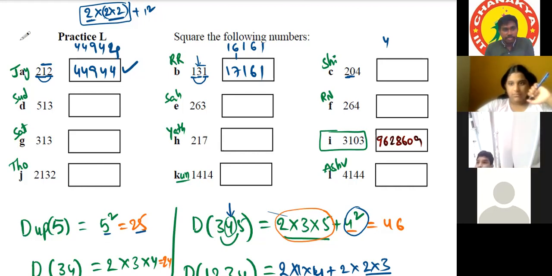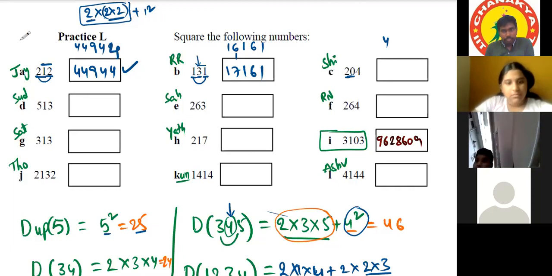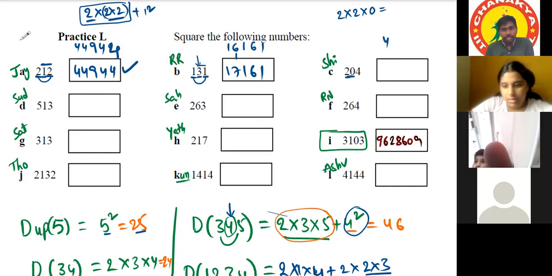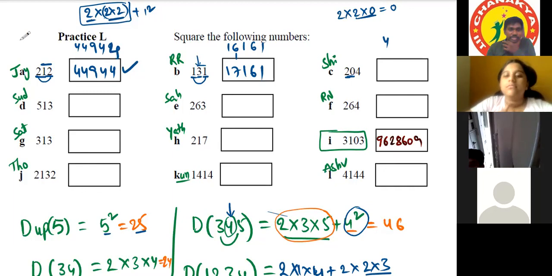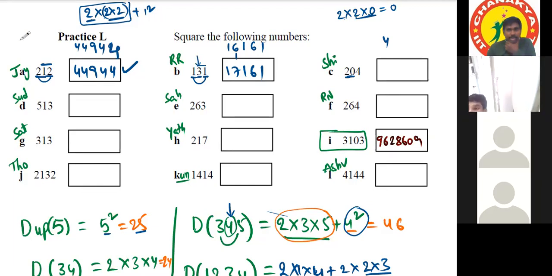The duplex of 20 is 2 into 2 into 0. 2 twos are 4, okay. 4 zeros are 0.